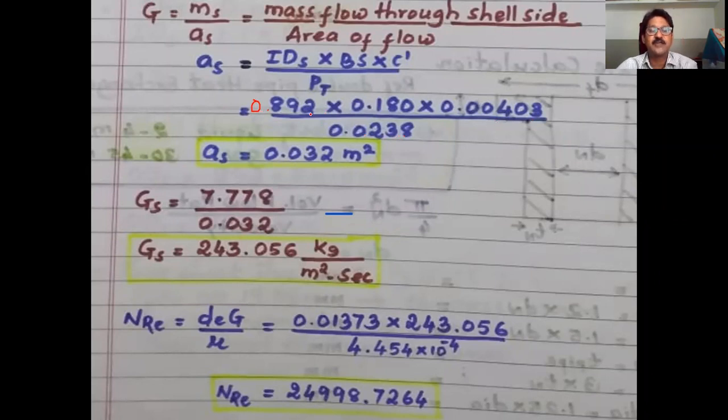So it is not 892, it is in mm. Convert this to meter by multiplying by 10 to the power of minus 3. You'll get 0.0892. So As is 0.032 meter square. Meter cancels, so you get meter square, right?